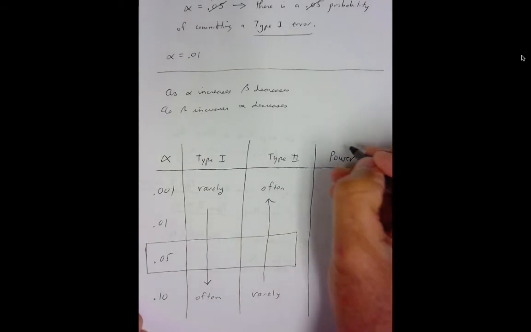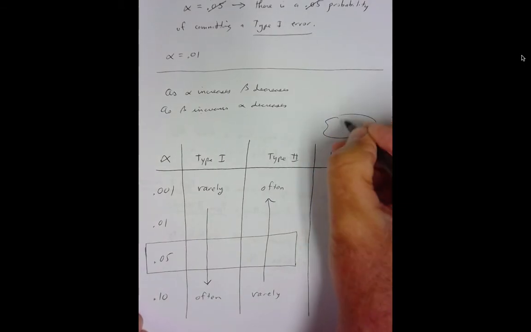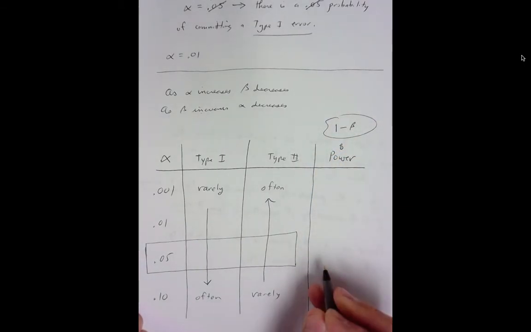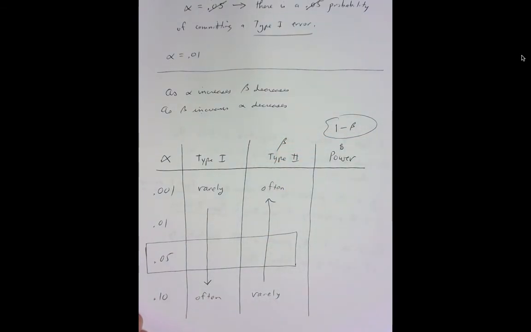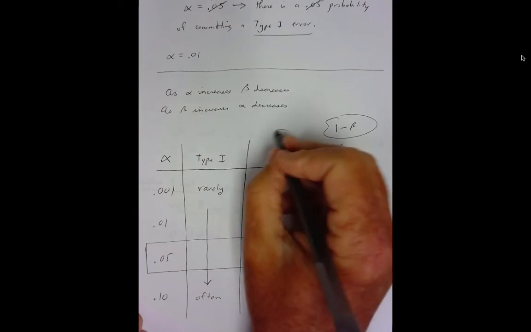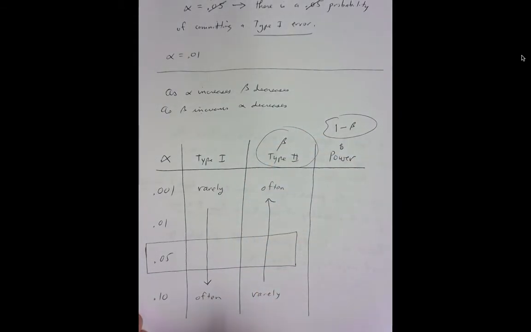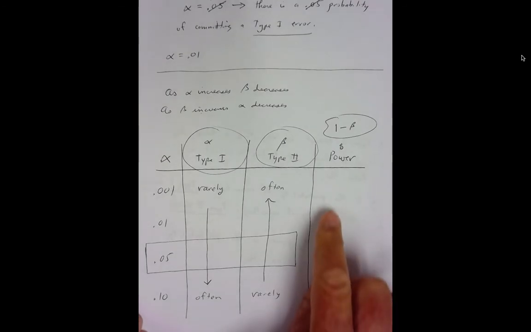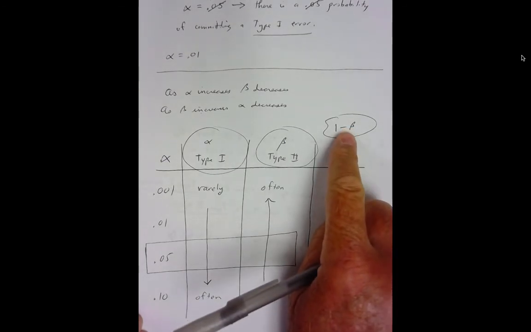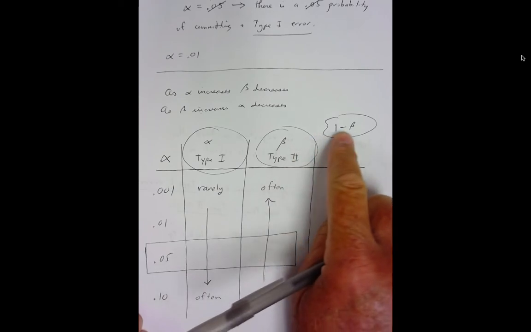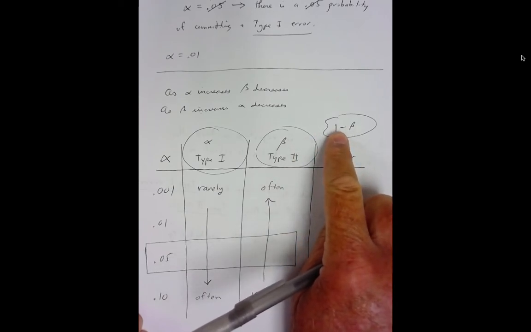Now, what happens with power? Remember, power is 1 minus beta, and beta is the probability of a type 2 error. So we'll always put beta in the column for a type 2. We'll always put alpha in the column for a type 1. So power being 1 minus beta, as beta gets bigger, our power decreases.